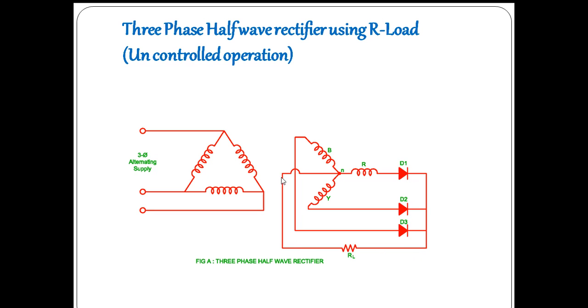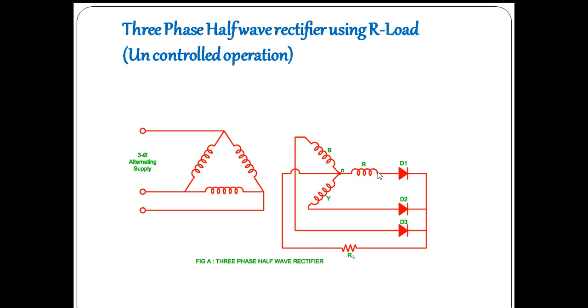Then it will go to neutral. Diode D1 will be in conduction, so we are getting output in R phase. R phase voltage will be available across the load terminal.